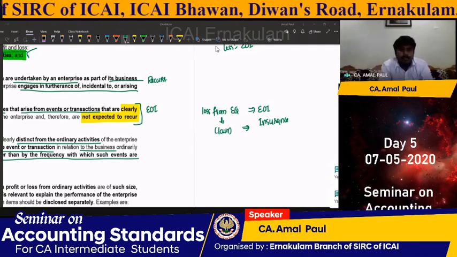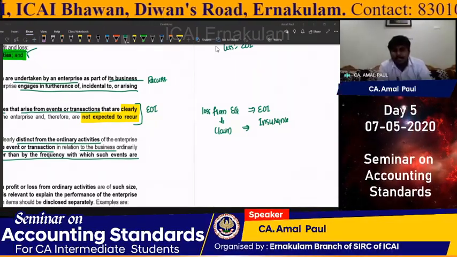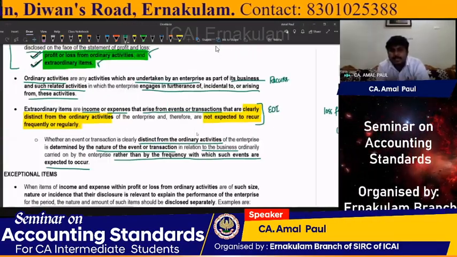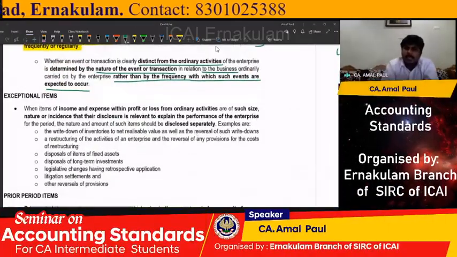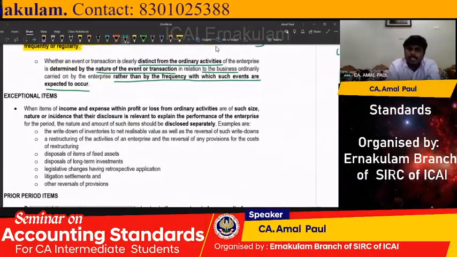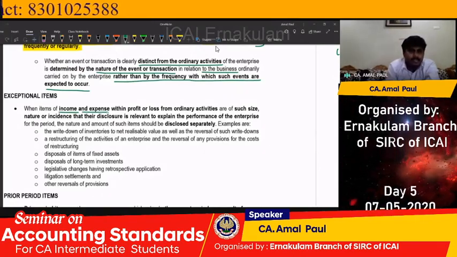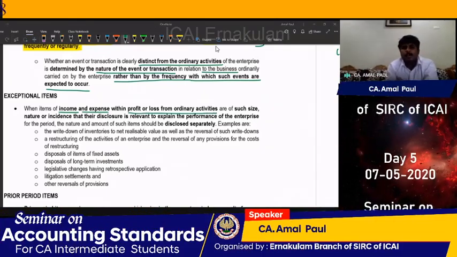Next we will see another item: exceptional item. It is not extraordinary; it is exceptional item. Exceptional items are items of income and expense within profit or loss from ordinary activities.